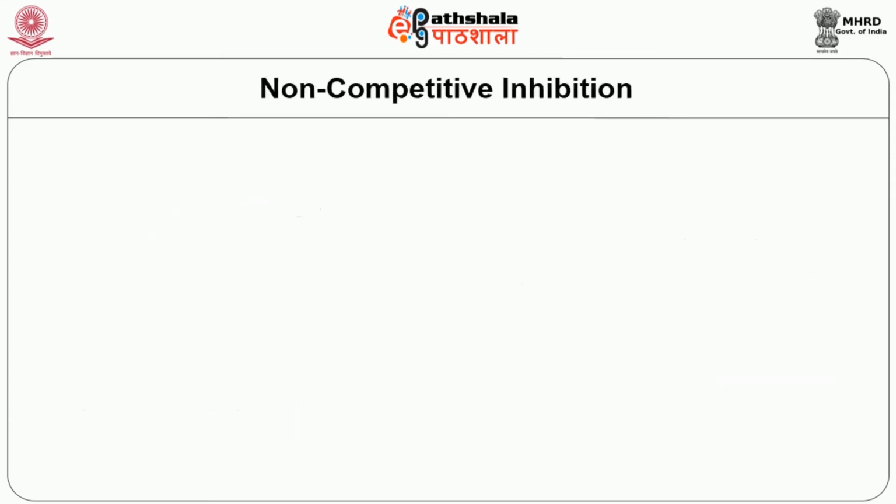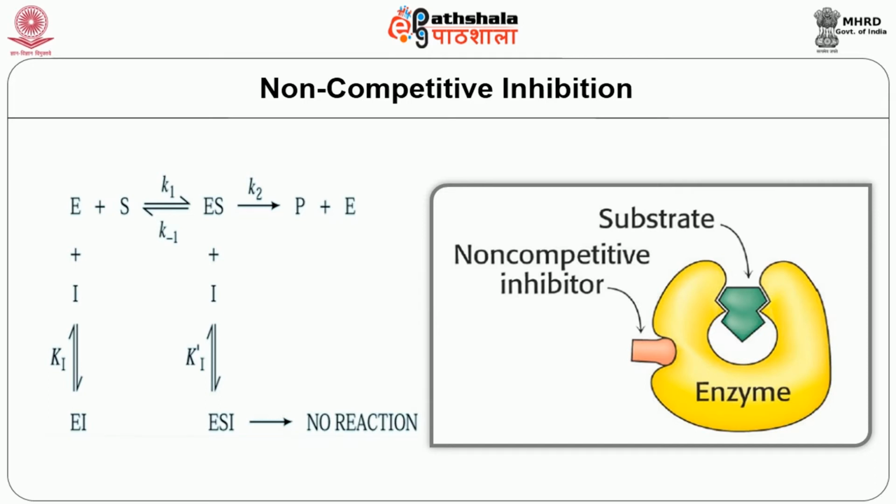The second type of inhibition is called non-competitive inhibition. Let me draw your attention to the drawing here. Here the enzyme has the active site and the substrate, which is grey in color, can bind to the enzyme.